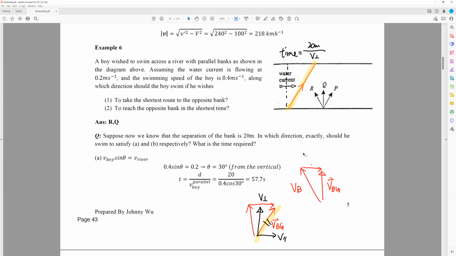Do you have any questions here? Because 20 meters is vertical, you need to use the vertical distance divided by the vertical speed. Then you get the time. It's somewhat like projectile motion. In projectile motion, you separate the motion into vertical and horizontal motions, and they are independent of each other. So to find the time, you just focus on the vertical motion.